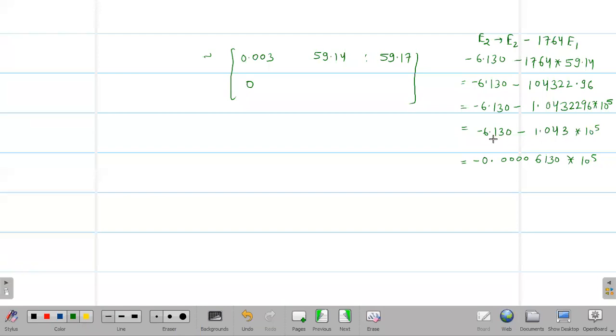Otherwise you cannot subtract these two numbers, because it is the multiplication of 10 raised to power 5. So minus 1.043 into 10 raised to power 5. So at last you will get minus 1.043 into 10 raised to power 5. So this is your entry.